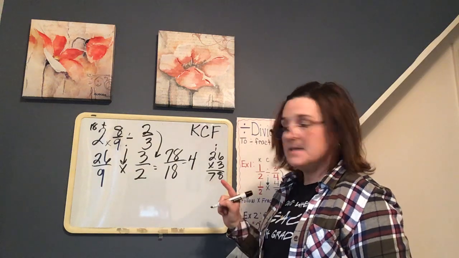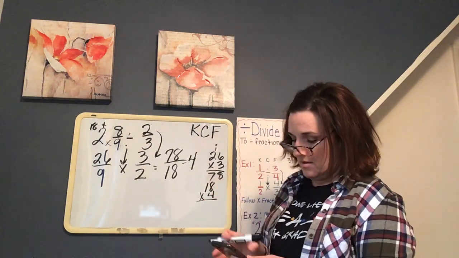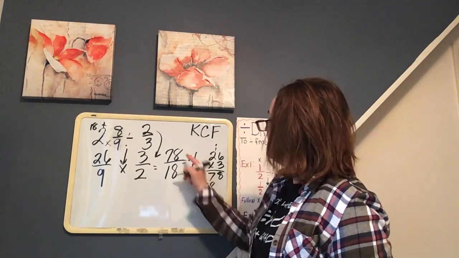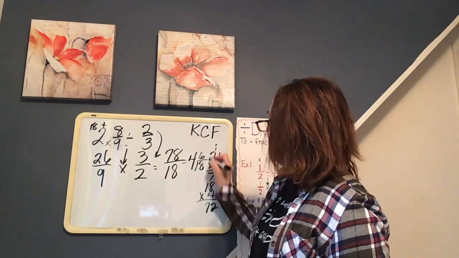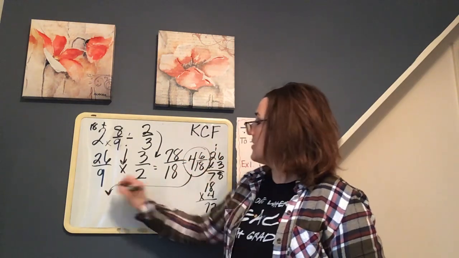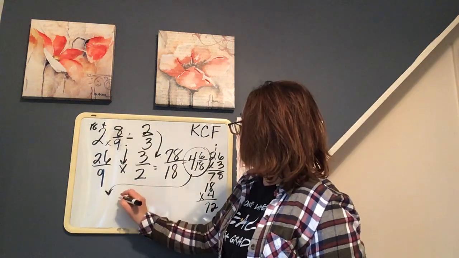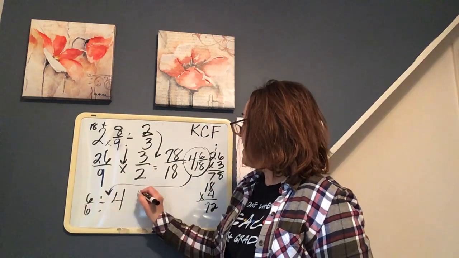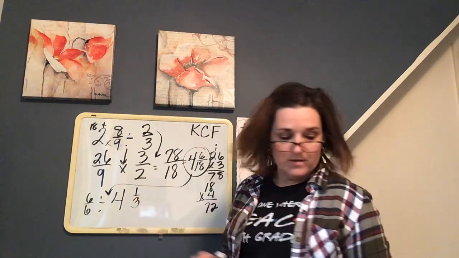Then you have to multiply 18 times 4, 72. So that's 6, right? Not your final answer. What do we have to do? Simplify that. So we're going to divide by 6. And we're going to get 4 and 1/3.